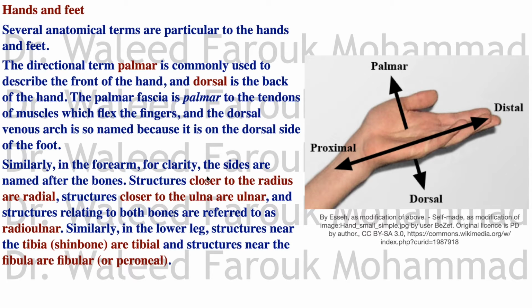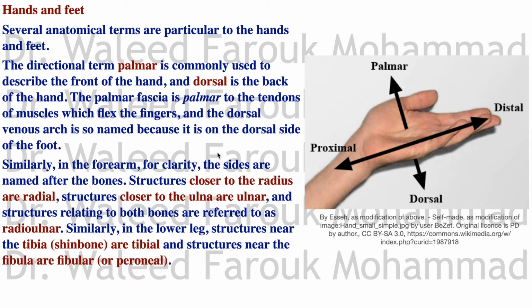Hands and feet. Of course, the palm surface of the hand faces anterior, and the dorsum of the hand faces posterior. So if a structure is more palmar than another, it means it's closer to the palm of the hand.